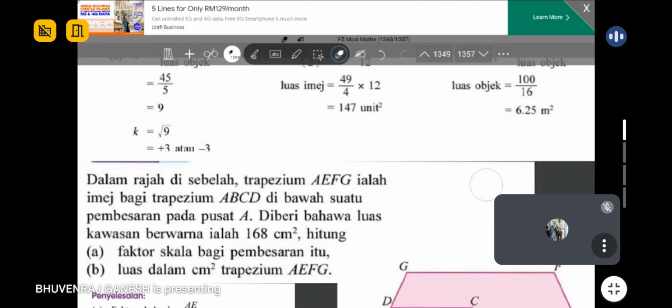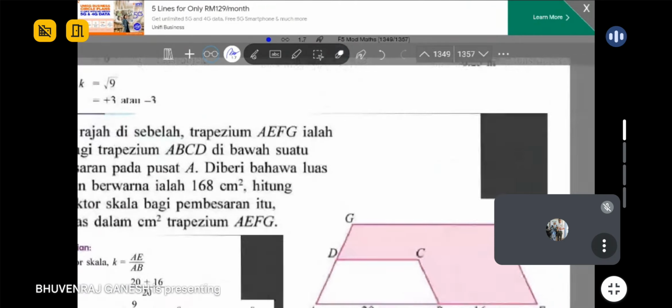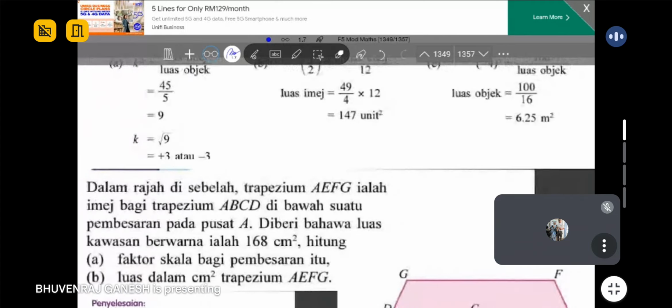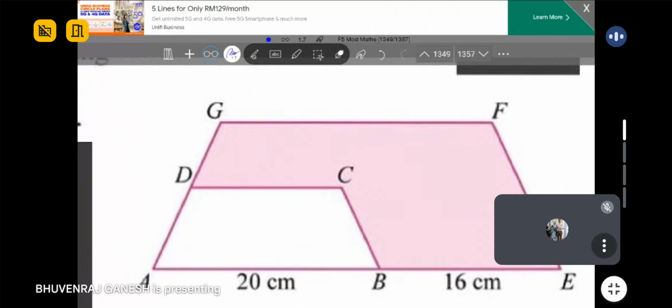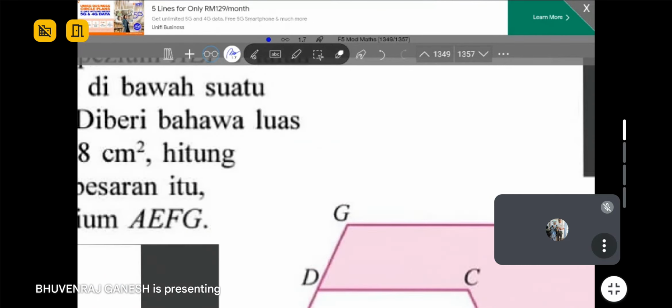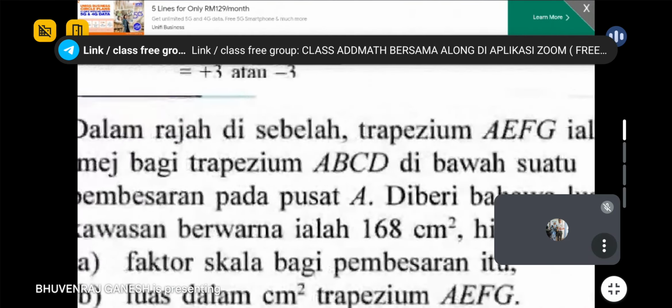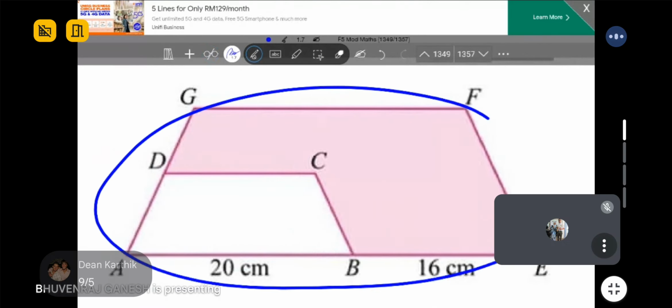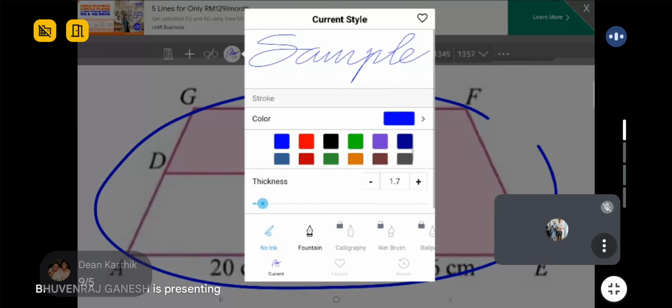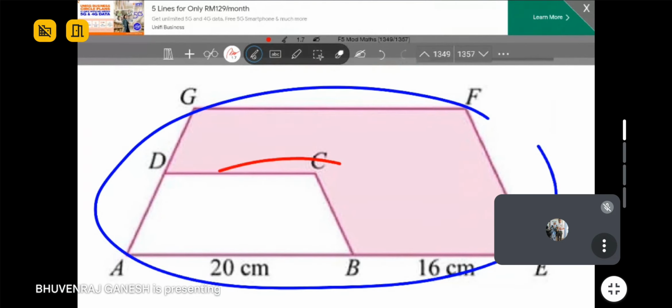Alright, so now we go to some questions. Guys, the question is, find the scale factor of this enlargement. Can anyone tell what is the scale factor? AEFG is the image. The bigger one is the image, the smaller one is the object.